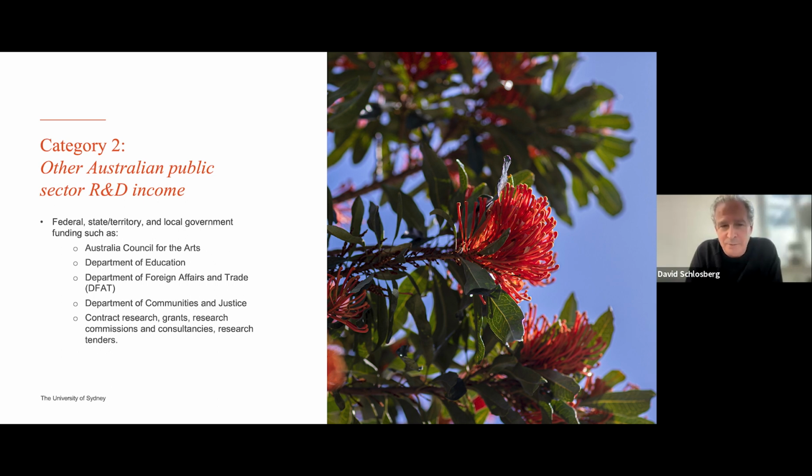And so it's really nice in the Cat 2 area to do this kind of contract research, this kind of commissioned research, competitive research with governments in particular. So again, this is something that SEI can help with. It's something that we've really dedicated ourselves to over the last couple of years.